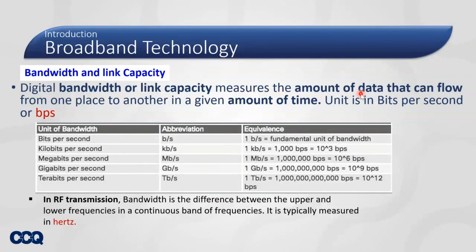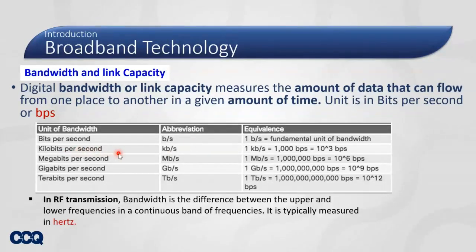So it measures the amount of data that can flow from one place to another in a given amount of time. So the unit is bits per second. Here we are interested in how much data you are sending in a given amount of time. So bits per second is the fundamental unit of capacity.